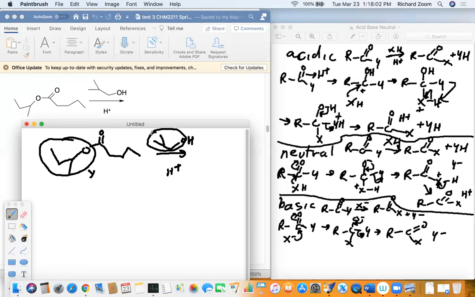And this part here is going to be the X group. Can I ask a question? Yeah. How do you know that the Y group is the whole entire thing on the left and not the whole entire thing on the right? Because it's got the oxygen in it, and we're only talking here about carboxylic acid and carboxylic acid derivatives, Julie, which were the functional groups that contained these other heteroatoms, O's, N's, and Cl's. So it makes it pretty easy to decide which side you're actually talking about.